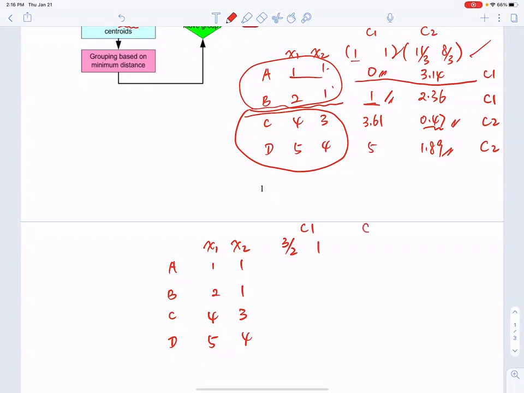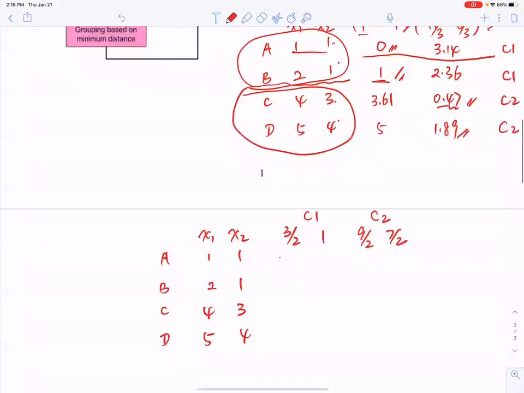For C2, the first two together is 9, divided by 2, and the others give 7, divided by 2. Now we are going to calculate with centroid 1 and centroid 2.